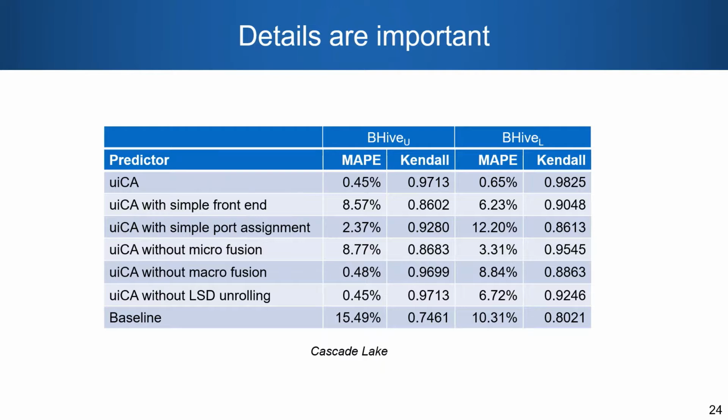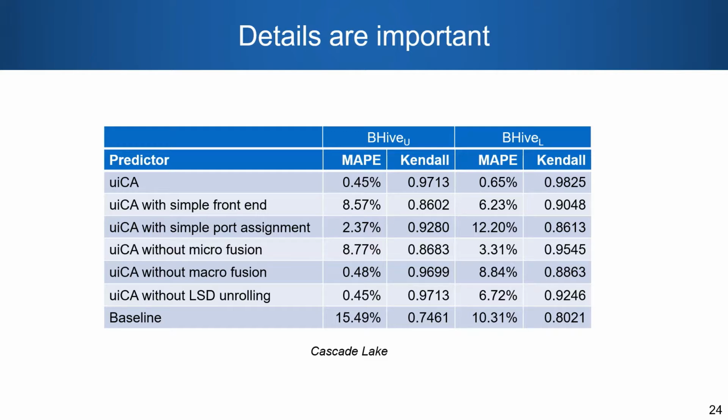Now, finally, we show that several of the properties for which we reverse engineer detailed models are in fact important for accurate predictions, even though they were ignored by most previous tools. We do this by evaluating several variants of our tool in which the corresponding properties are not modeled.